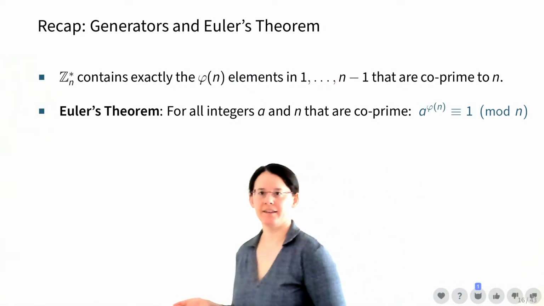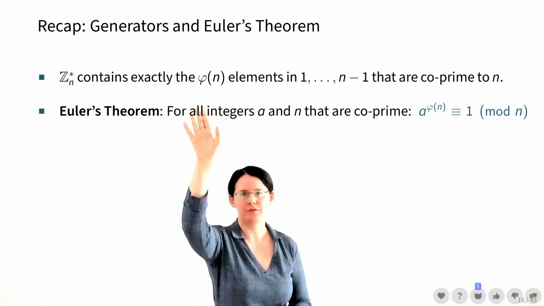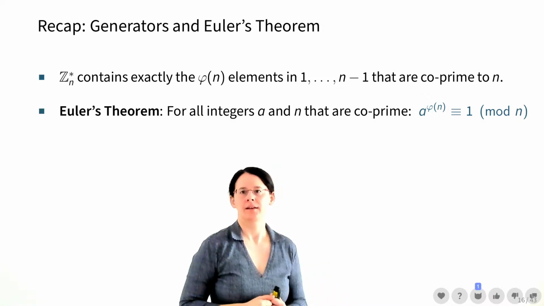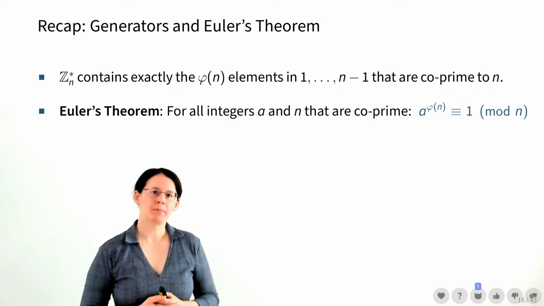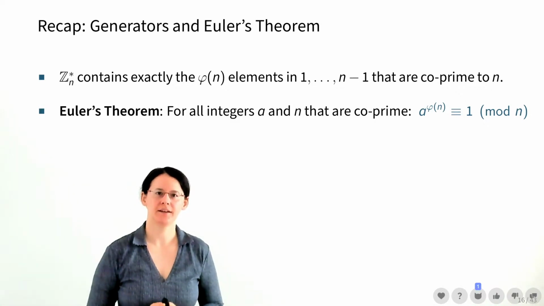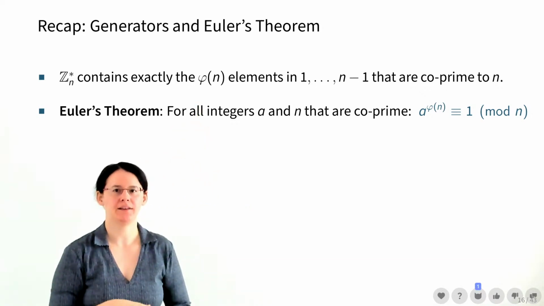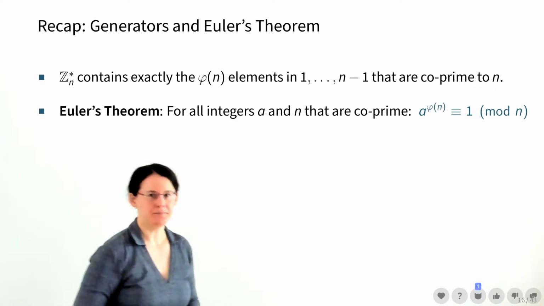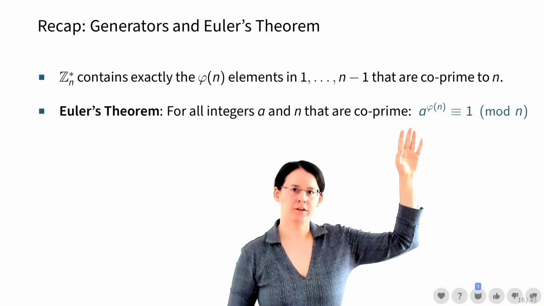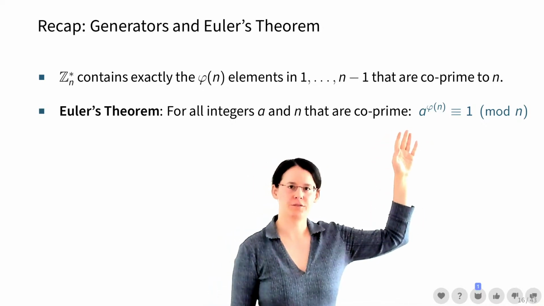So we saw already that the size of this set is actually determined by this phi function here, because every coprime number is invertible. And we only keep the invertible numbers and kick out all others. Now the interesting thing is that this phi function also appears in a very handy equation. Namely, if we're looking at multiplication, we can of course also multiply any element a with itself as often as we like.